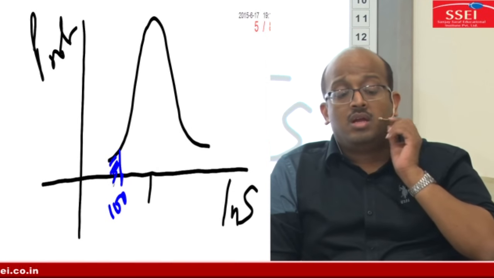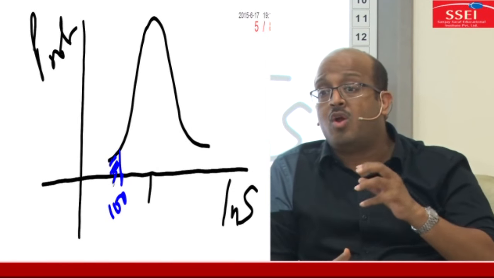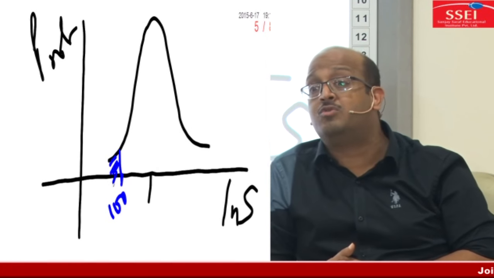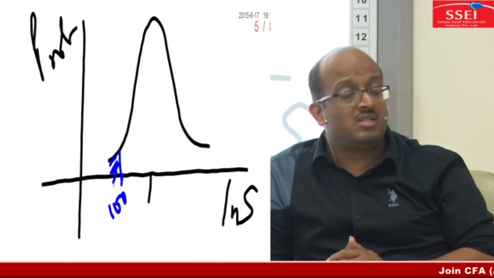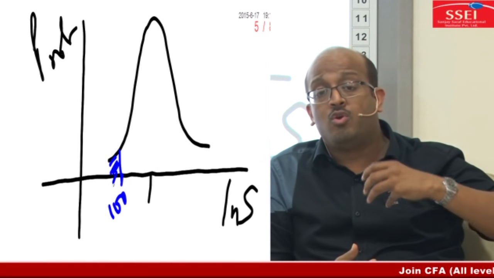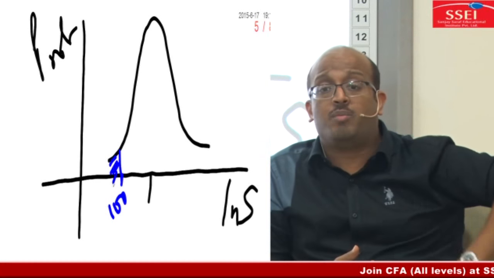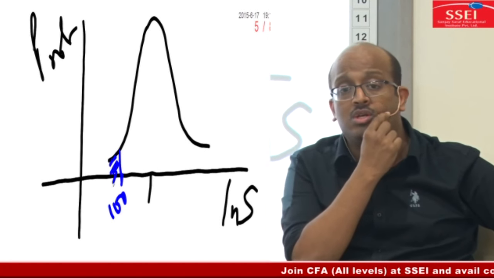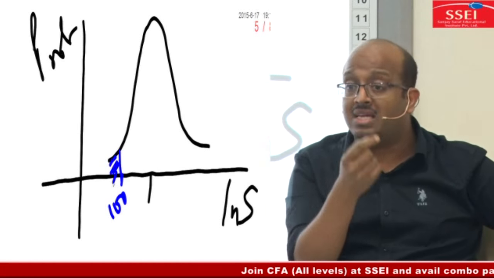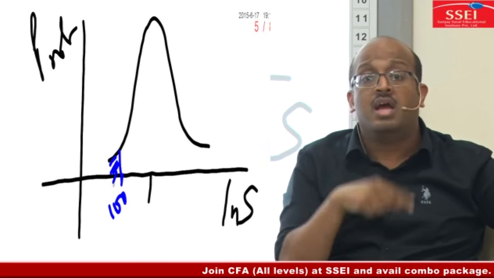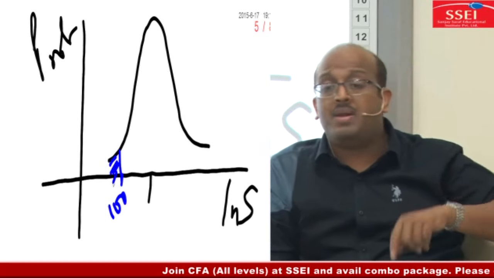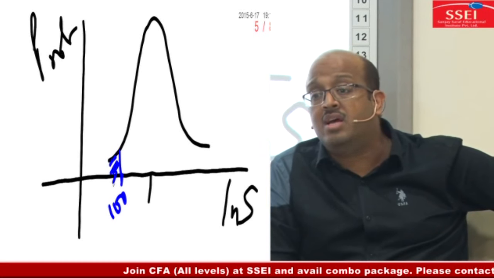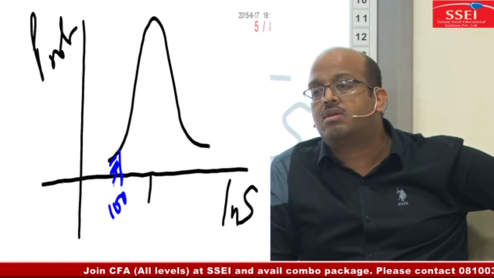However, suppose this probability as per log normal distribution is 2%. But if you look at the price at which the 100 strike price option is trading, the price implies that according to the world, the probability that the price will go below 100 is greater than 2%.